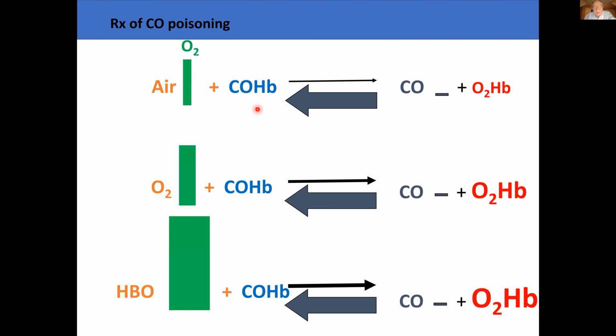But as you increase the concentrations of oxygen, as I tried to show with the thickness of this arrow, you drive the equilibrium over to this side and back to oxyhemoglobin. And this has been the standard way of looking after carbon monoxide poisoning in the world.